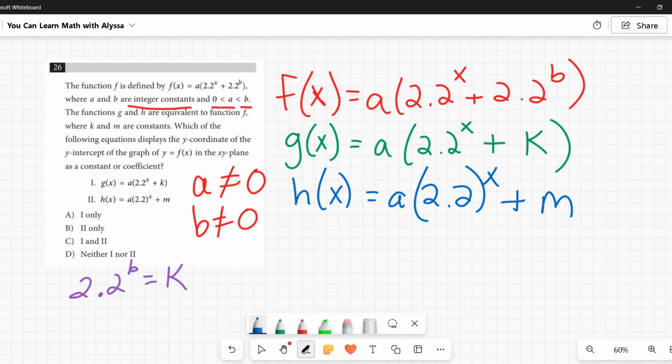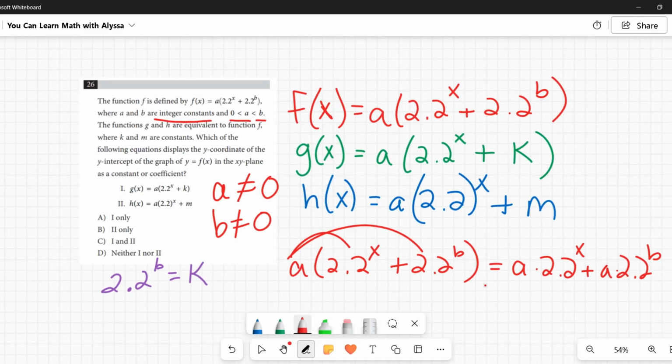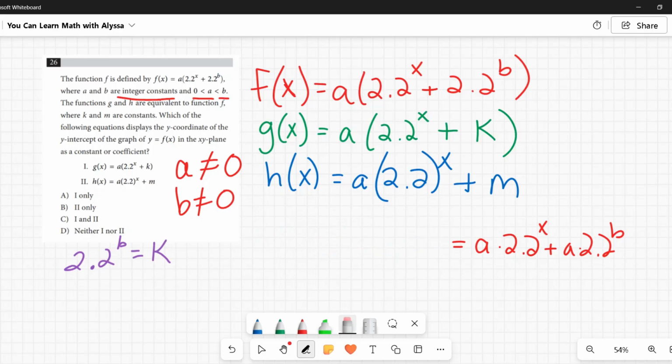So first I have f of x, and if I am distributing it, I'm going to get a times 2.2 to the power of x plus a times 2.2 to the power of b. Let's zoom out so you all can actually see what I'm doing. Okay, so I've distributed that.